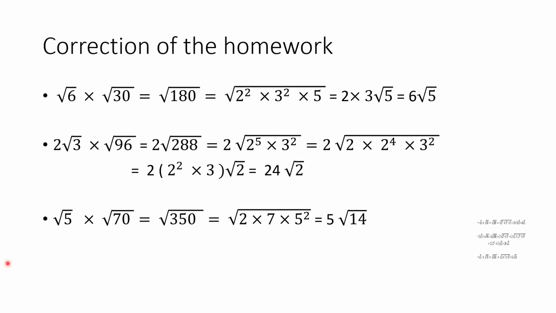In number 3, radical 5 times radical 70 gives radical 350. Writing the prime decomposition of 350, we get radical 2 times 5 times 5 squared times 7. Reducing the square root of 5 squared, we get 5 radical 14.